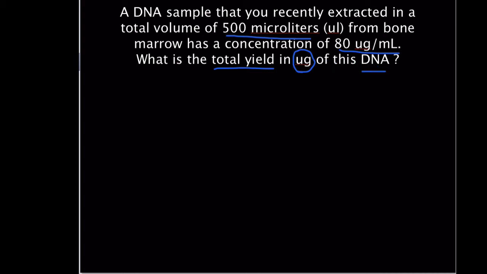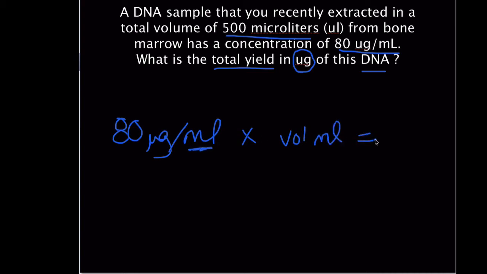So what you want to do here is first convert your microliters into mL, and that is because you have your concentration as 80 micrograms per mL, and you are going to then multiply by the volume, and here you have mL, so you want your volume to be in mL here.